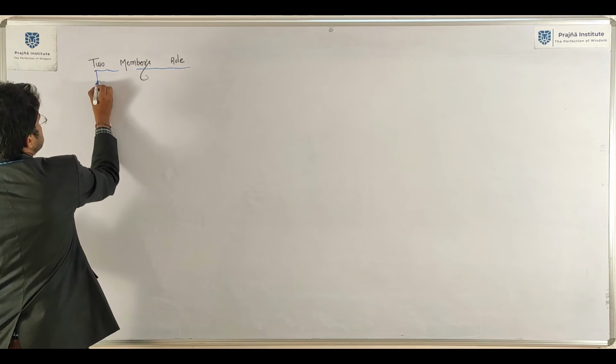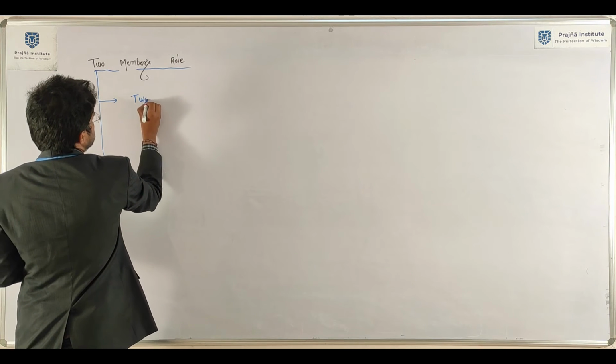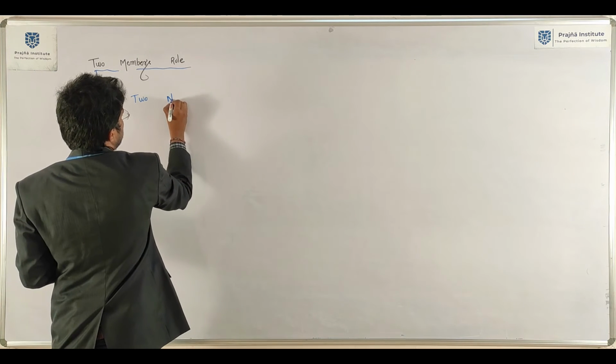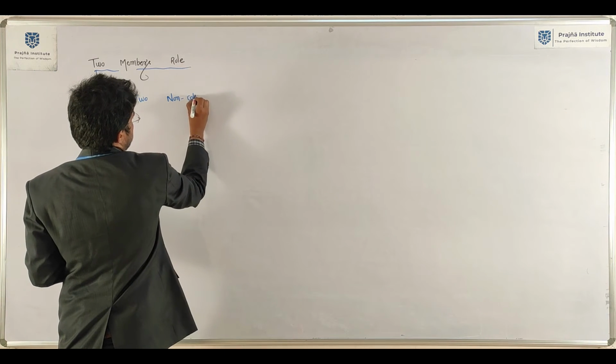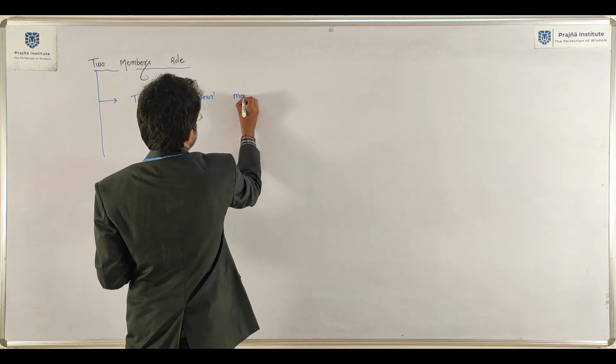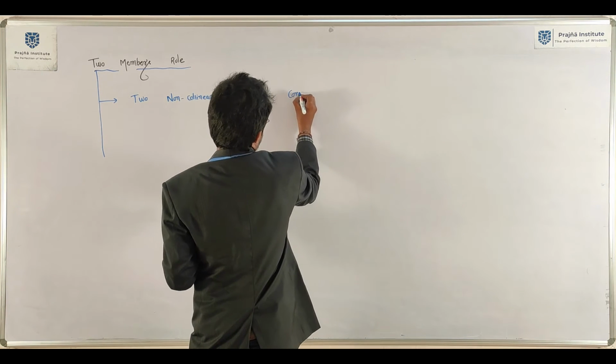Here, two non-collinear members connected by the joint.